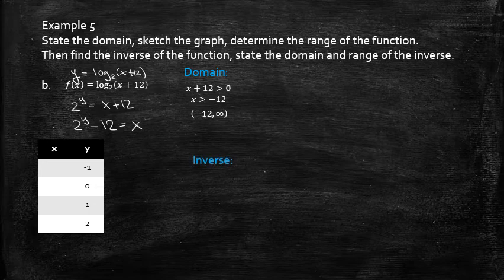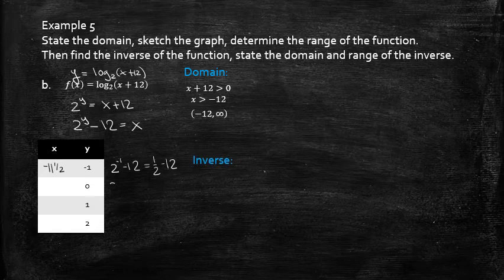All right, so y is -1, so we have 2 to the negative first power minus 12. So 2 to the negative first power is 1/2 minus 12. That's going to give us -11.5.